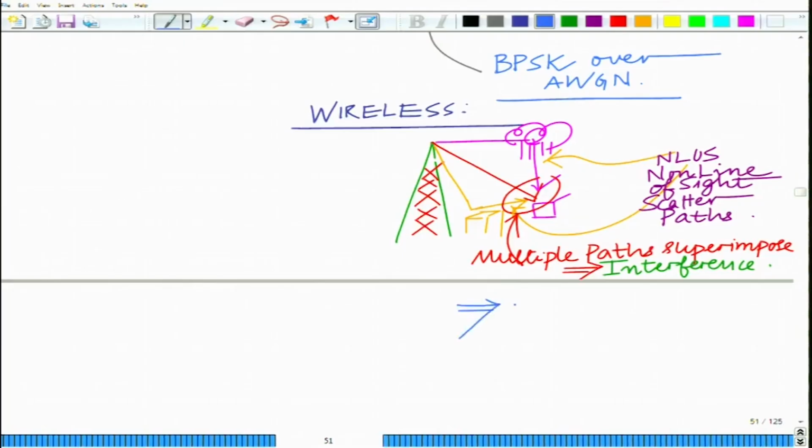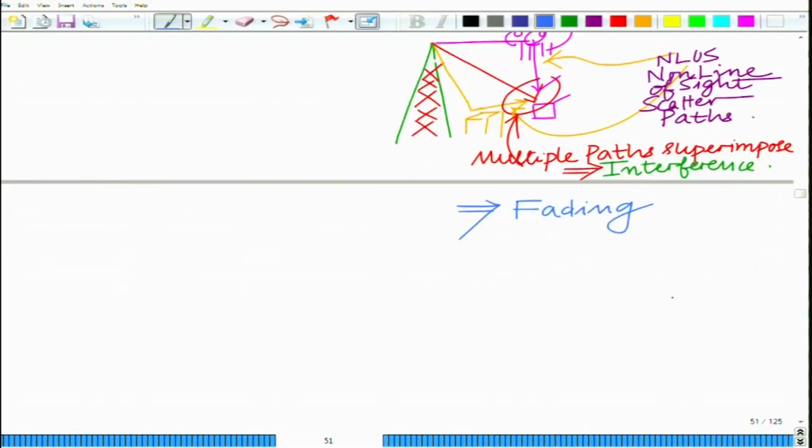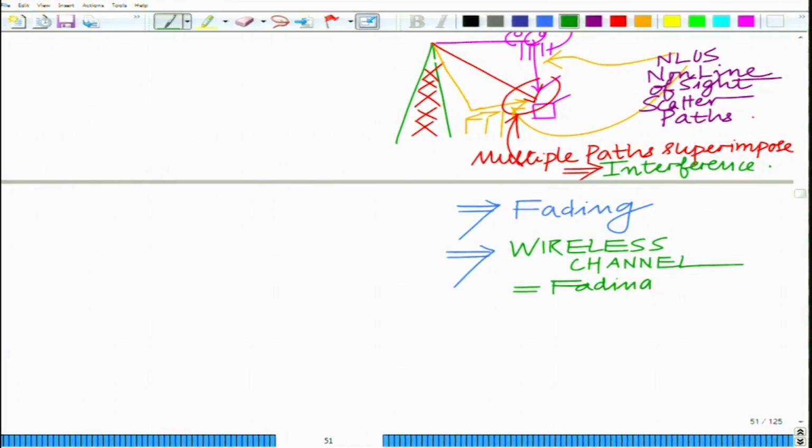This process is termed as fading, and the wireless channel is known as a fading channel. As we have seen in some examples before.